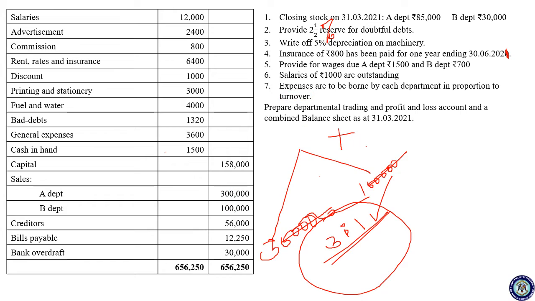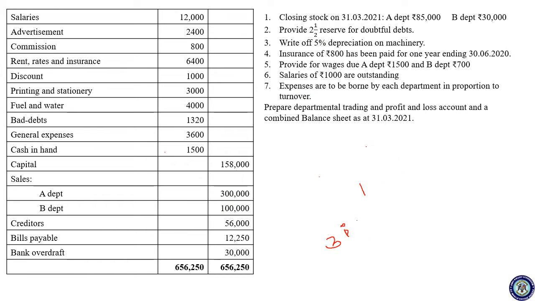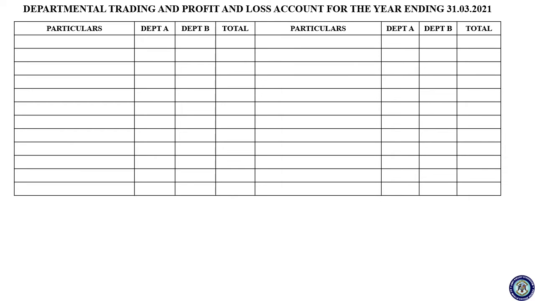Okay, draw the lines for the trading and P&L account. So, the departmental trading and profit and loss account for the year ending 31st March 2021. So draw the lines.